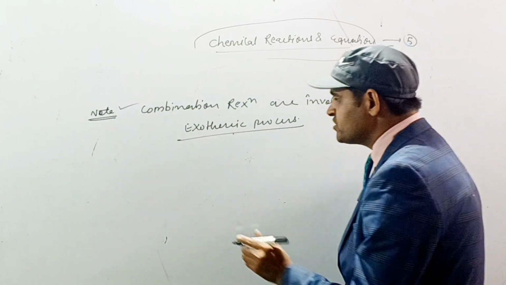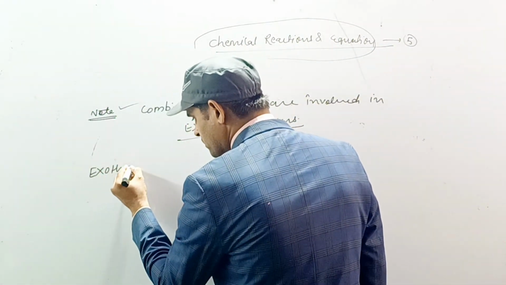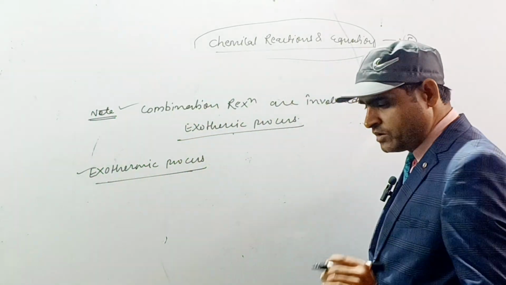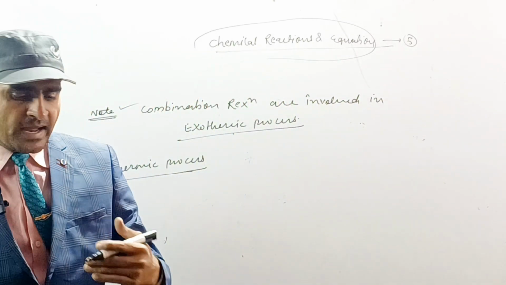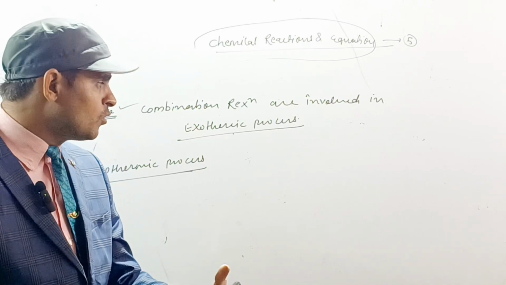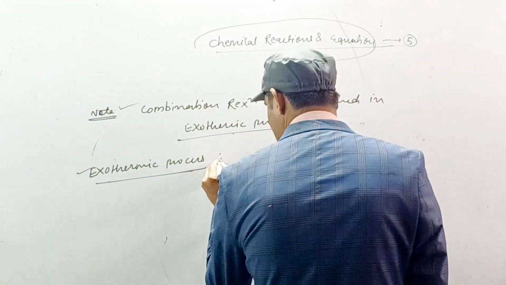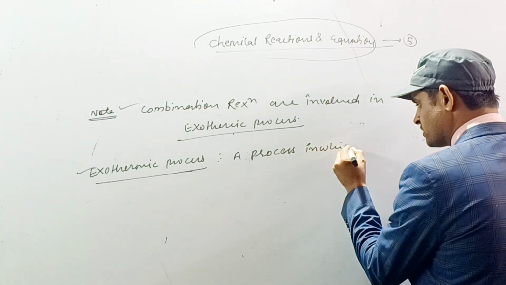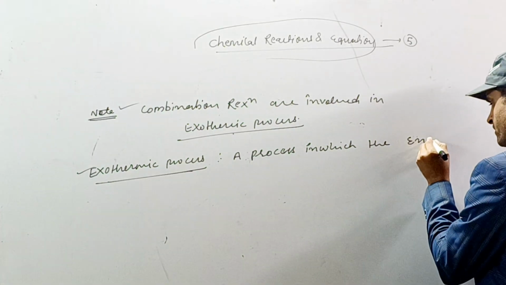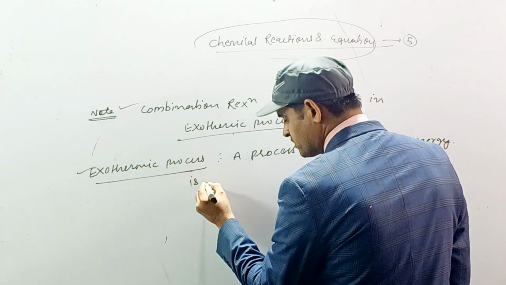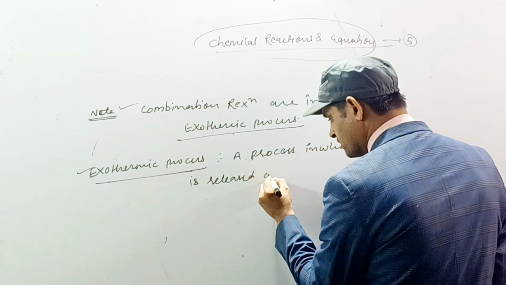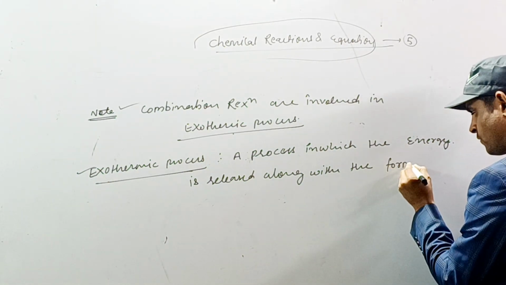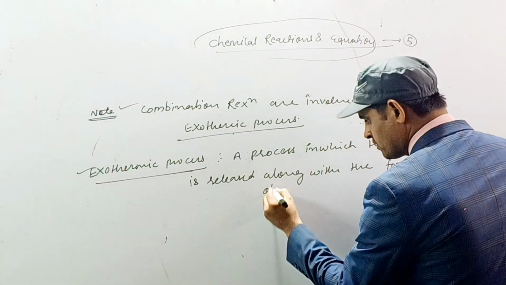What is the exothermic process? An exothermic process is a process in which the energy is released along with the formation of product.